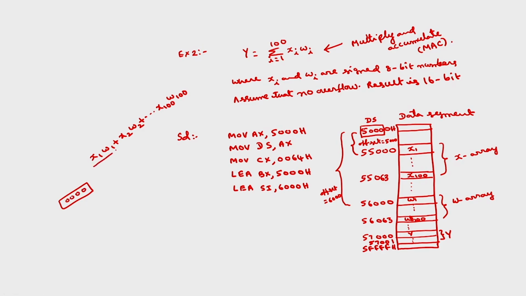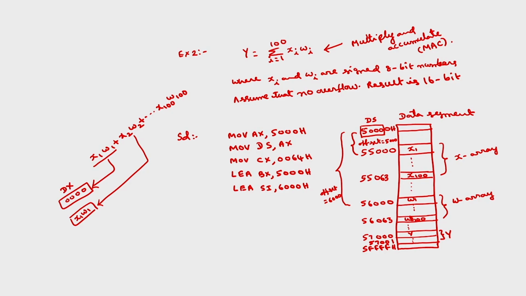You multiply x1 w1, you add to this register, and this value will be stored here. After the first iteration, x1 w1 will be stored. Then you multiply x2 w2, you add to this one, so that the sum of these two will be stored again in this register. This I am taking as some register, DX.